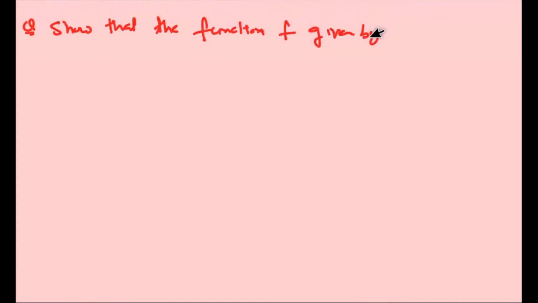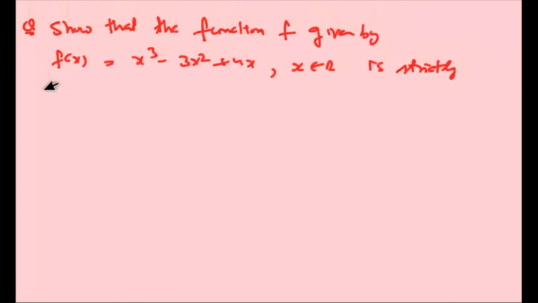Show that the function f given by f(x) equal to x cube minus 3x square plus 4x, x belongs to R, is strictly increasing on domain R.